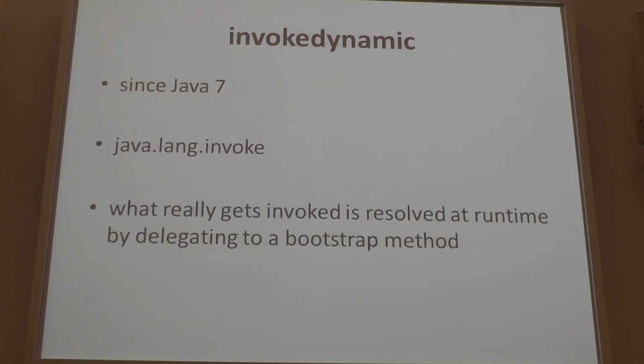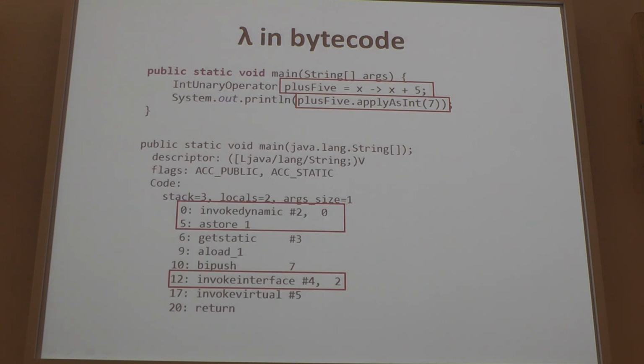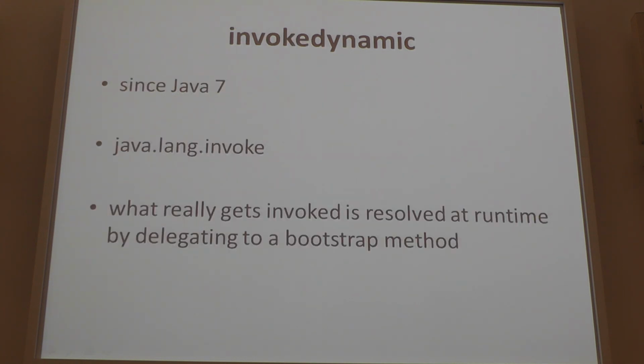This invokedynamic instruction delegates to a bootstrap method, and it passes some arguments that are known from the context to this bootstrap method, and this method will create something that is capable of invoking the method that is required.